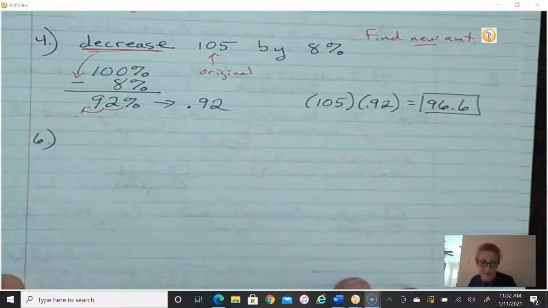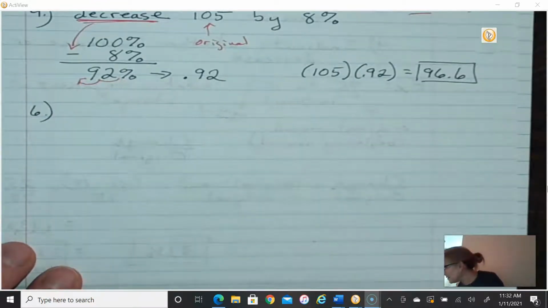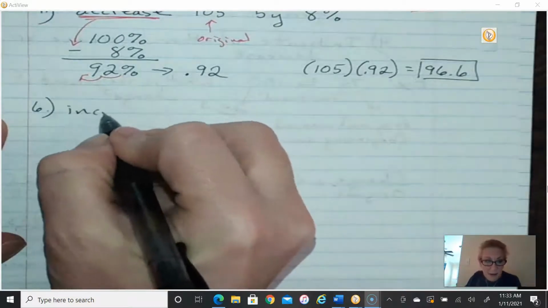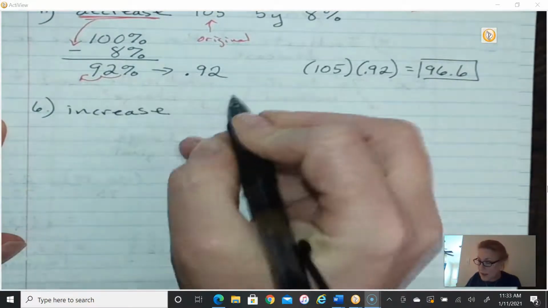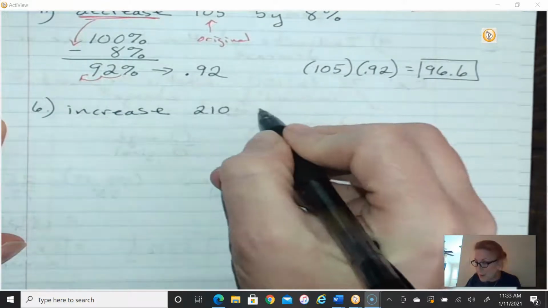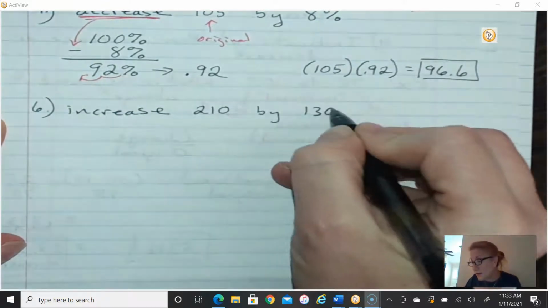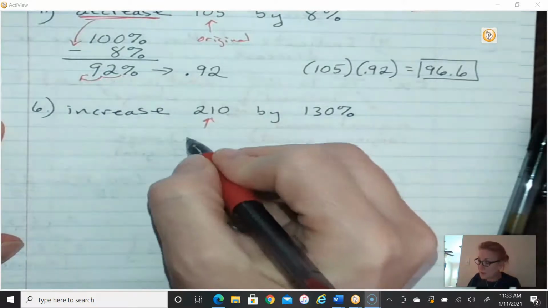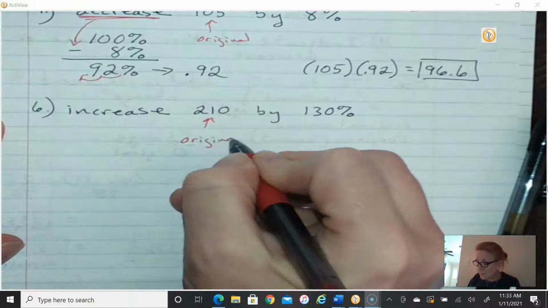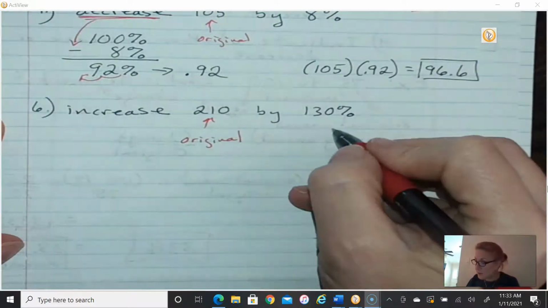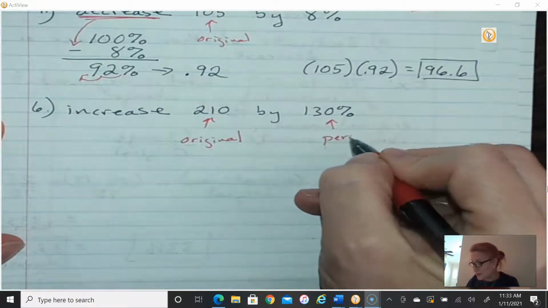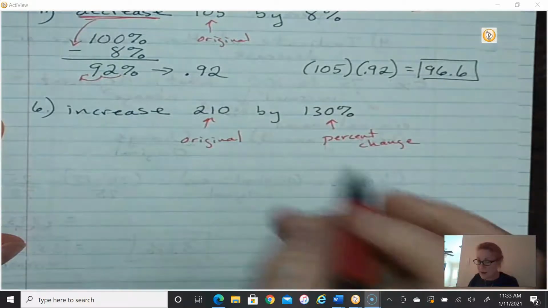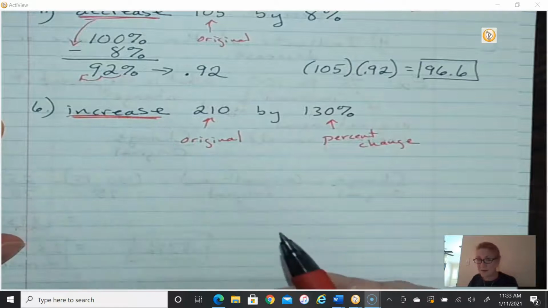All right, look at number 6. This one's an increase. They said increase 210 by 130%. So 210 is your original. This, remember, is your percent change. This is your increase.